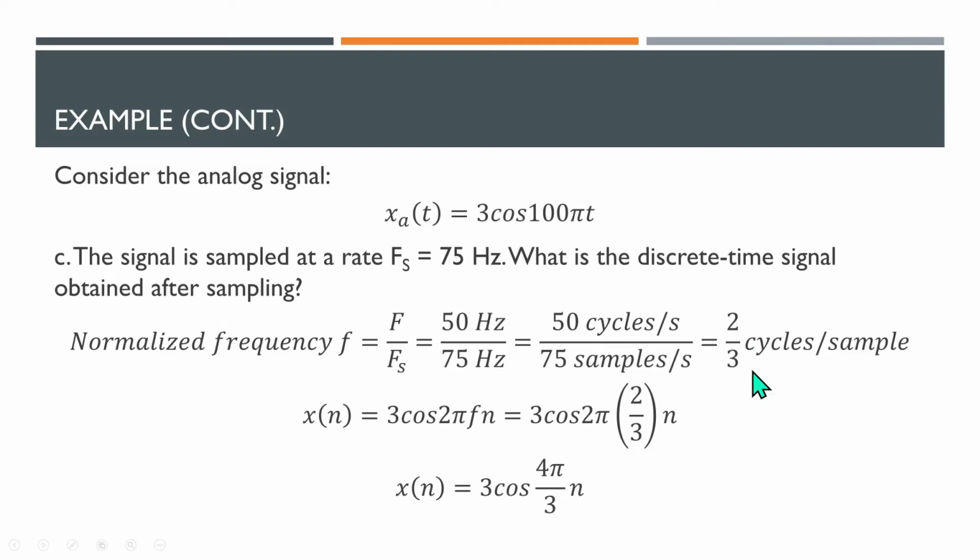We have 2/3 cycles per sample. We have x(n) equals 3 times cosine of 2πfn. And then we're going to plug in the value of f here. So that's equal to 3 times cosine of 2π 2/3 n. And we have x(n) equals 3 times cosine of 4π/3 n.